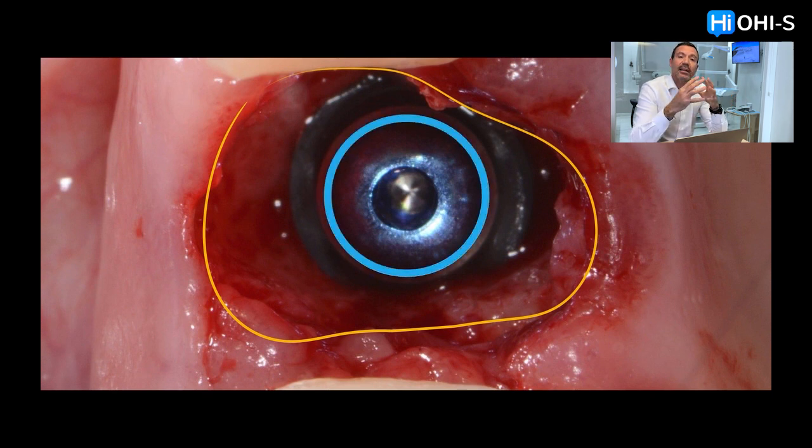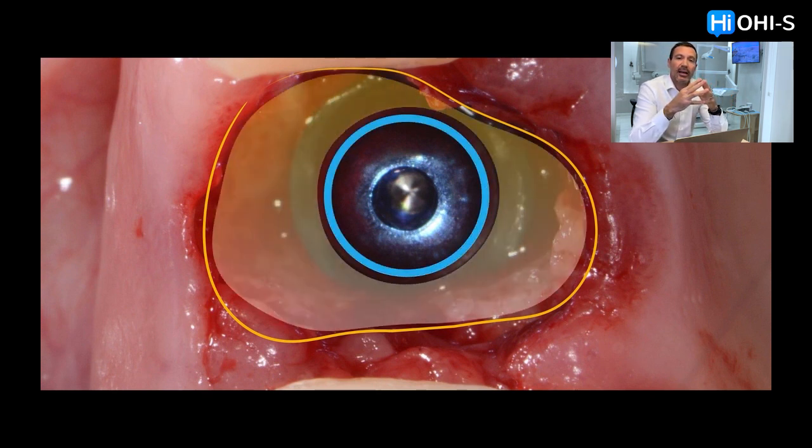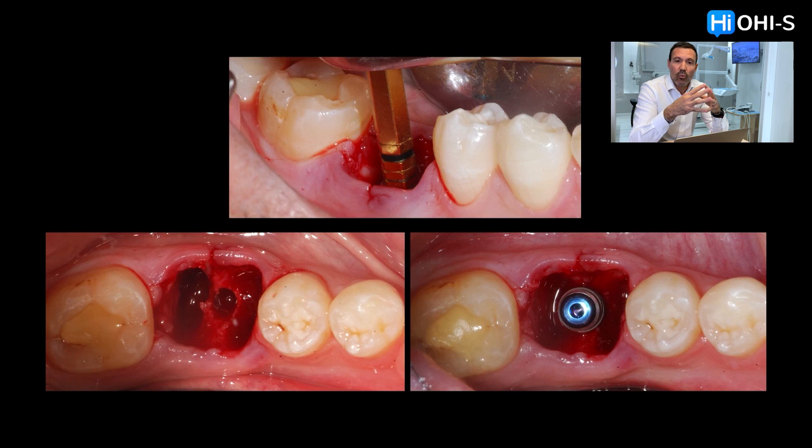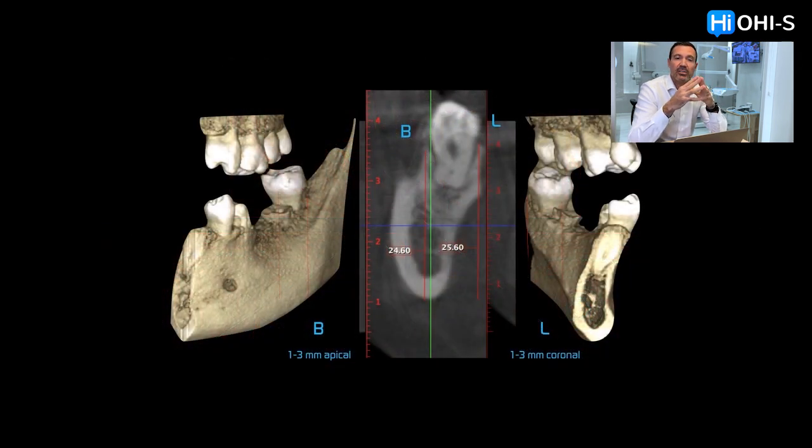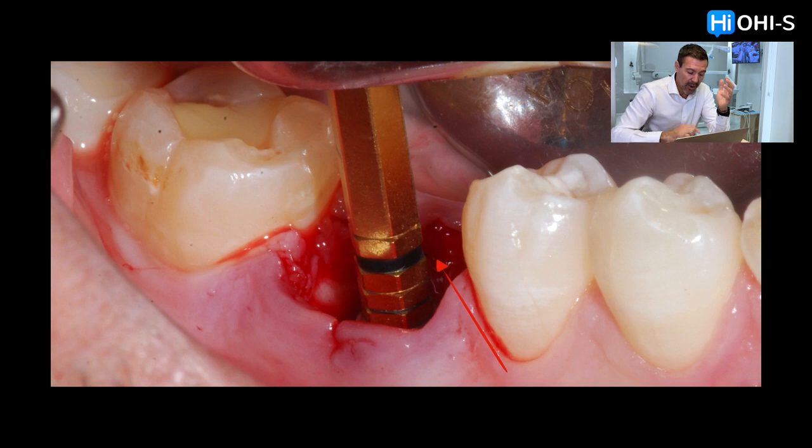The non-drilling technique as well, which I am about to publish in the next months, where we do not even need to drill and create a new path to place our implant, but directly in the socket we can achieve amazing primary stability. The immediate loading at posterior and anterior sites, step by step.